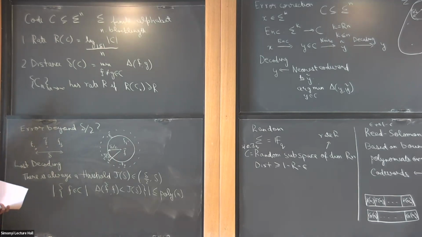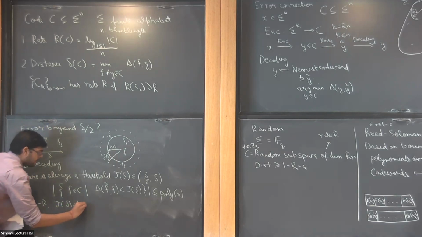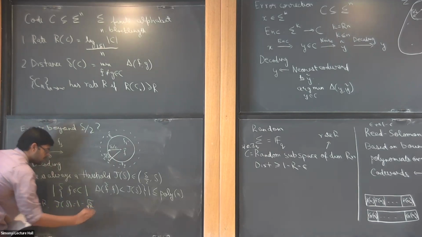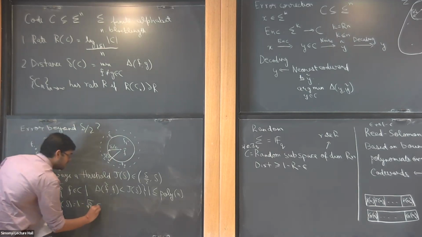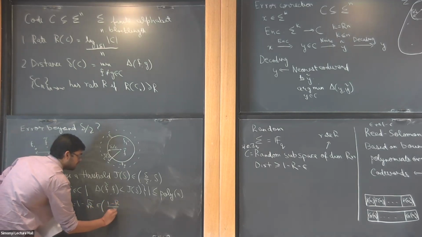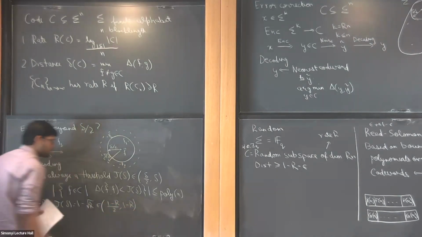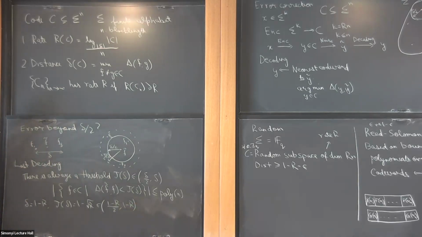So one could hope to output them. And the main punchline is that this J of delta, let's say if delta was 1 minus R, then J of delta is 1 minus square root of R. It's a simple exercise to see that this is actually between (1 minus R) over 2 and 1 minus R. So by making R approach 0, this correction radius can actually be made as close to 1 as possible.